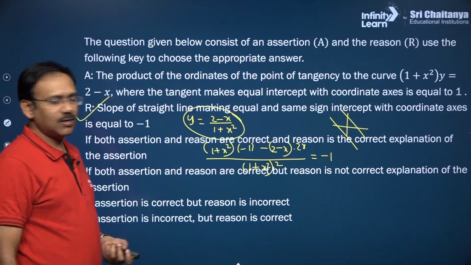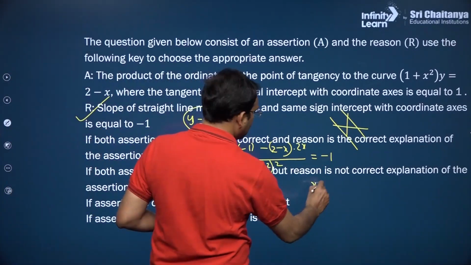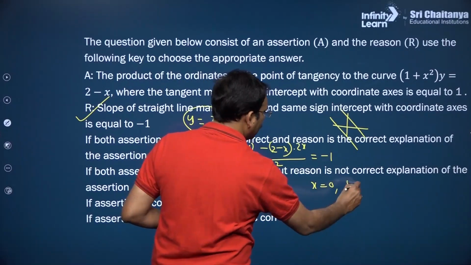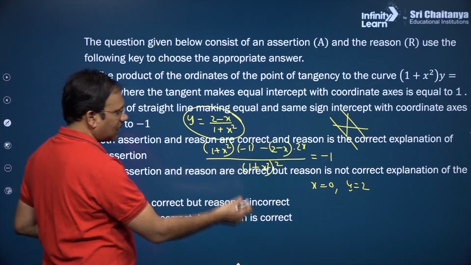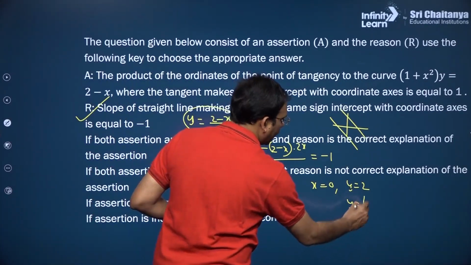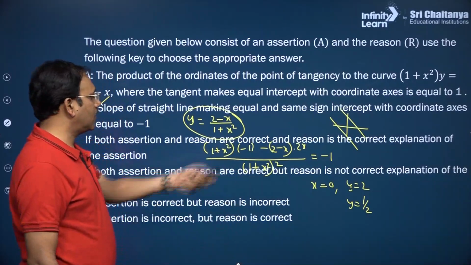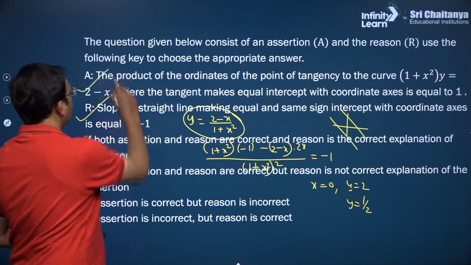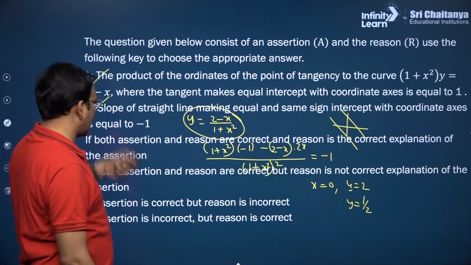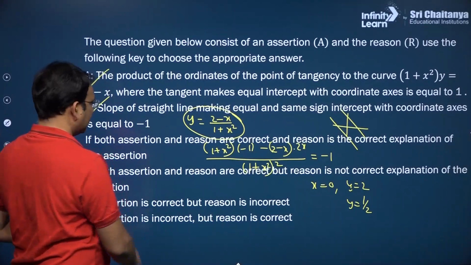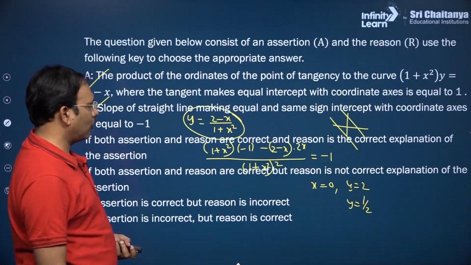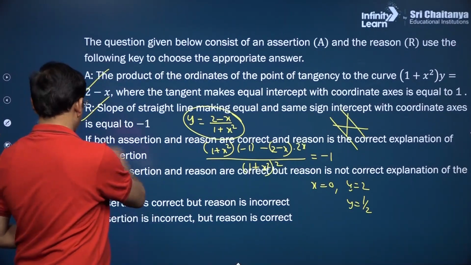You need to solve it. You will get x value to be 0, where the y value you will get 2. The other case, when y is equal to 1 by 2, you will get. Now, the product of ordinates is going to be 1. So this statement is also correct, and it is the correct explanation also, as it helped in answering this. So assertion and reasoning both are correct, and it is the correct explanation.